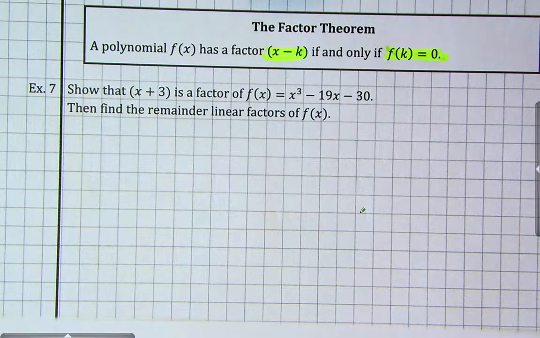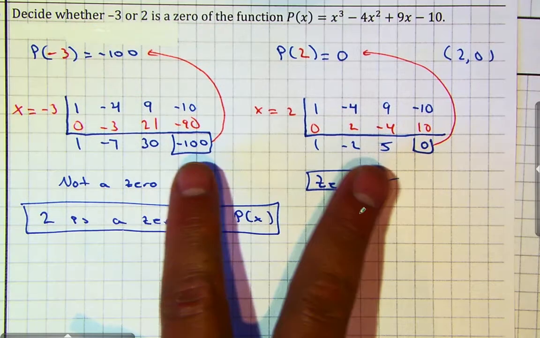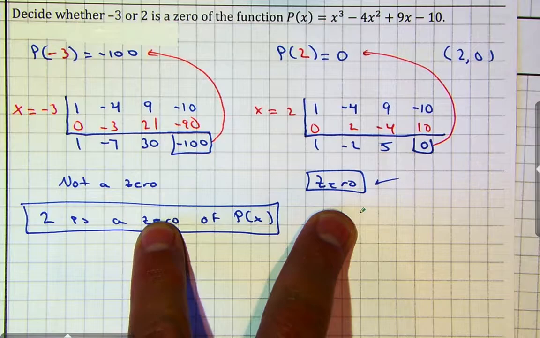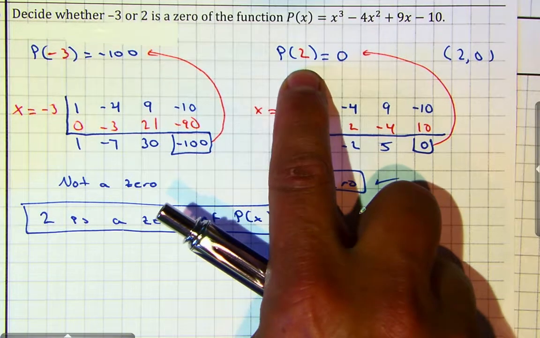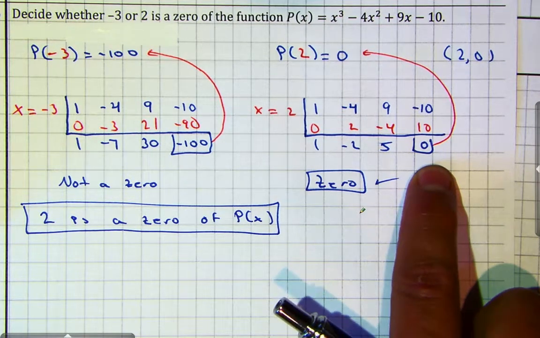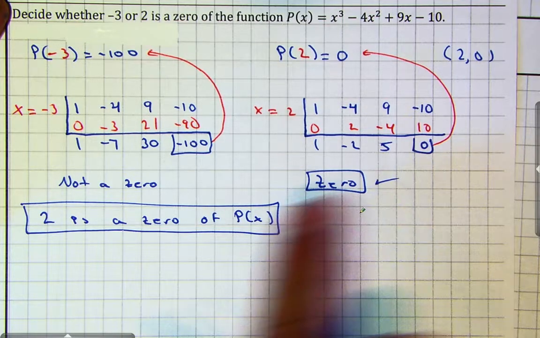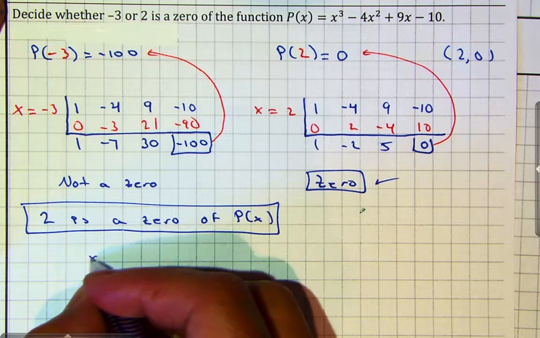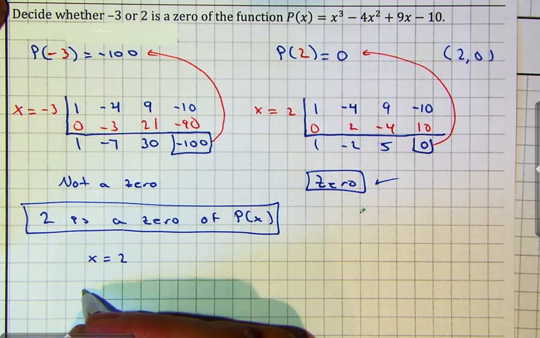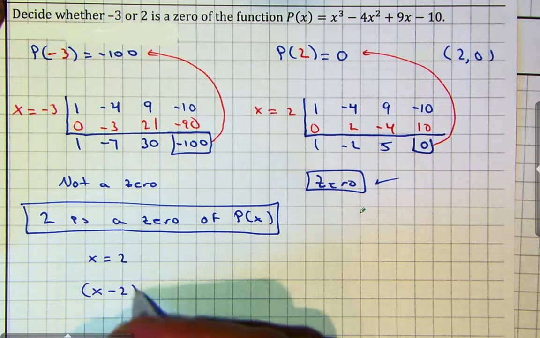That kind of makes sense, right? It's very similar to what we talked about in this section. Once you plug in a 2, if you end up with a 0, since 2 is a zero, therefore the factor will be x minus 2. But now we have it as a theorem.